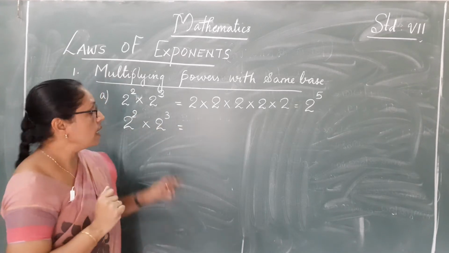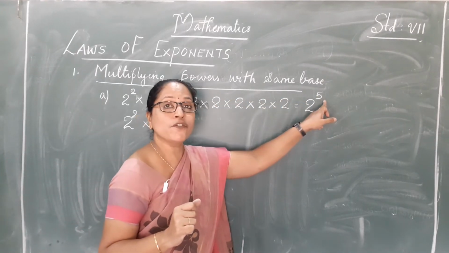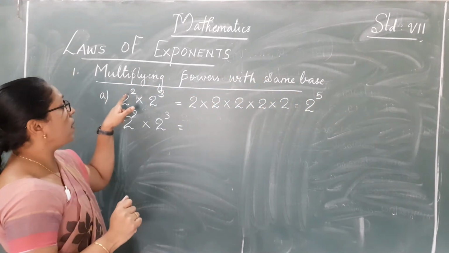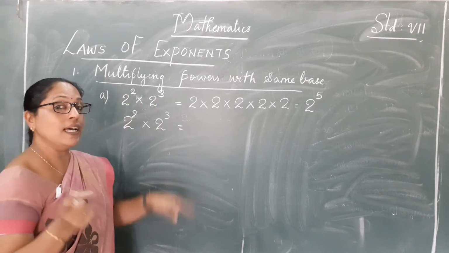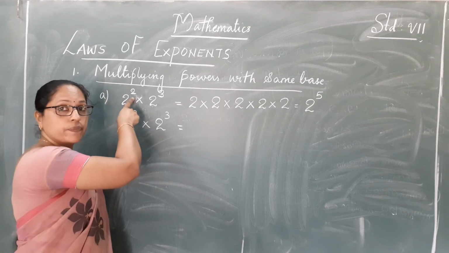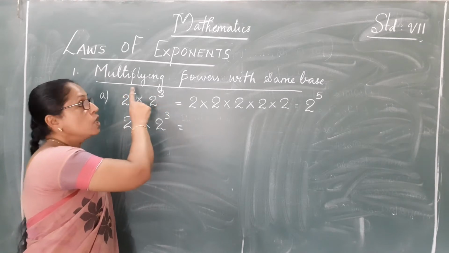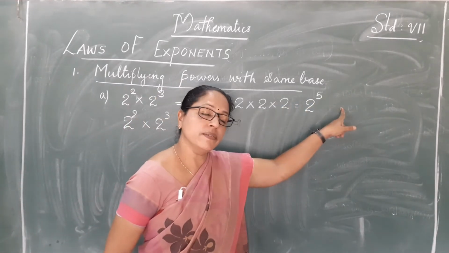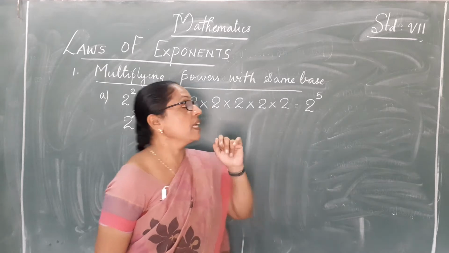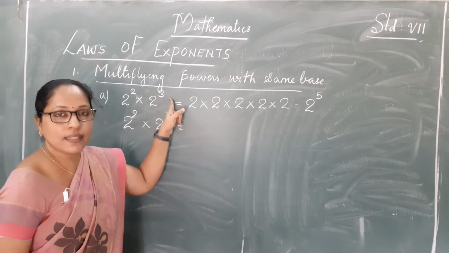The bases are the same, and you got the power here as 5. How can you get power 5 from 2 and 3? The given powers are 2 and 3. Using these, how do you get 5? Exactly, by adding the powers, that is 2 plus 3.